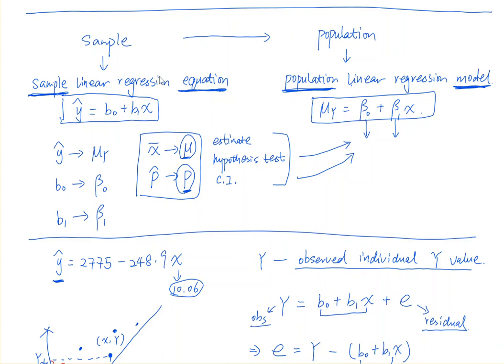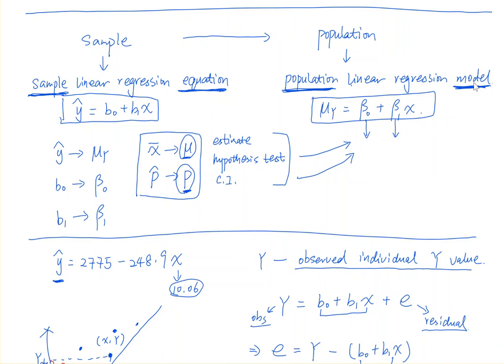This regression equation is obtained from the sample. That means whenever I have a different sample, you will have a different equation. But you will only have one population. That means you will only have one equation to describe the relationship between x and y in the population. And we call this the regression model.